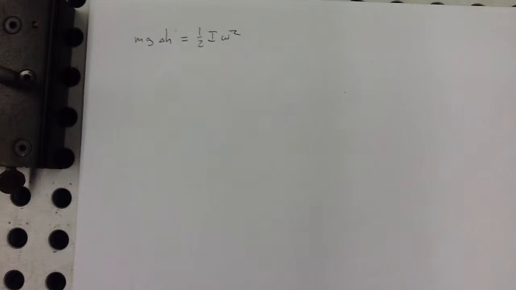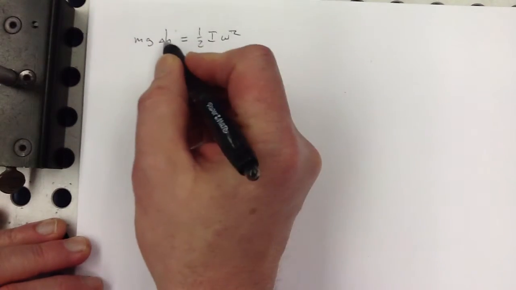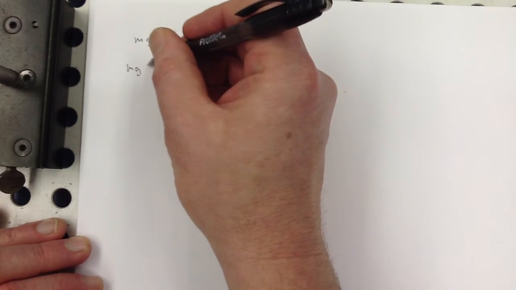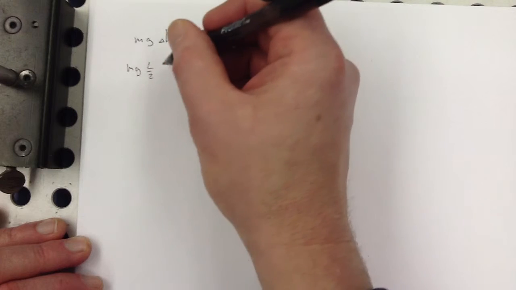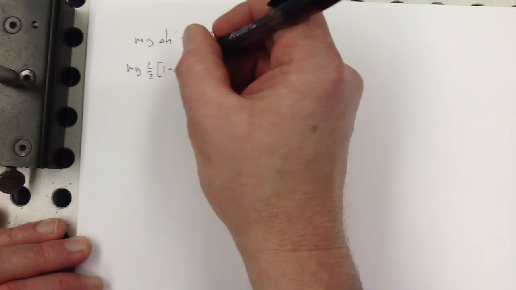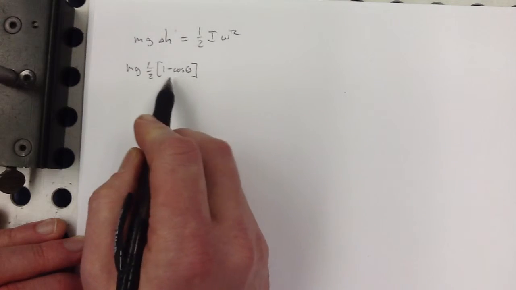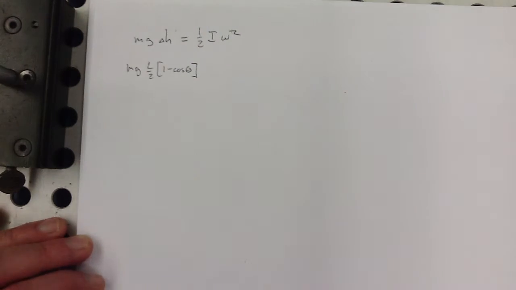Going back to that. Remember this expression right here? This was mg times L over 2 times 1 minus cosine theta. If you wanted to do it for any angle, this is how it would have worked out. That's like L over 2 minus L over 2 cosine theta.